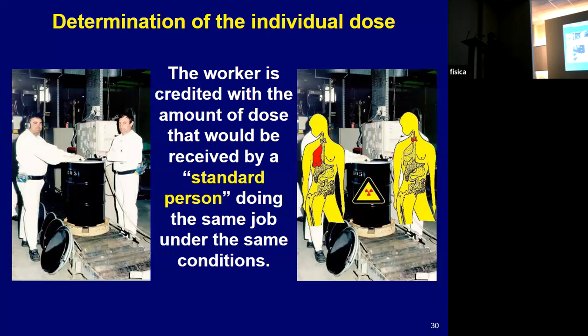The value of the individual dose is attributed to the individual based on the results of monitoring external and internal exposure. When determining the individual dose of a group worker, it is different from the true radiation dose of the individual, which we call a personal dose, because the difference between the characteristics of a standard person and the personal characteristics of the individual is ignored.